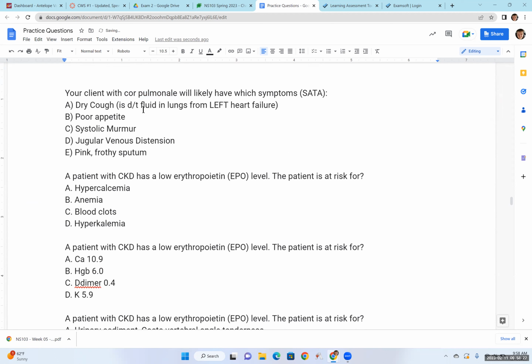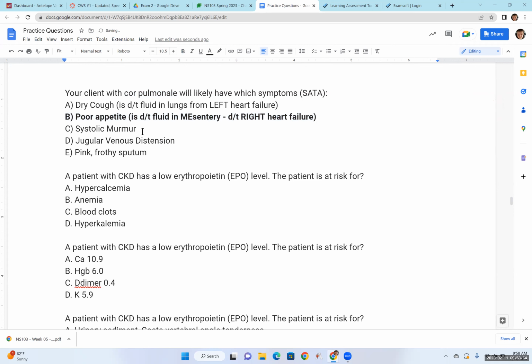All right, cor pulmonale is a cause of right heart failure, true? Cor pulmonale is from the pulmonales, right? So heart failure of the coronaries due to lung problems, right? So dry cough is associated with left-sided heart failure, whereas poor appetite is due to fluid in the mesentery, which is due to right heart failure. Right, so that one's correct.